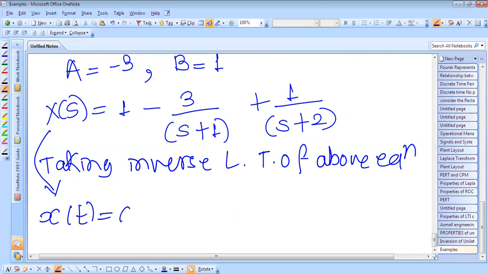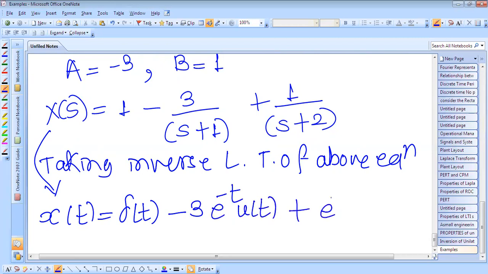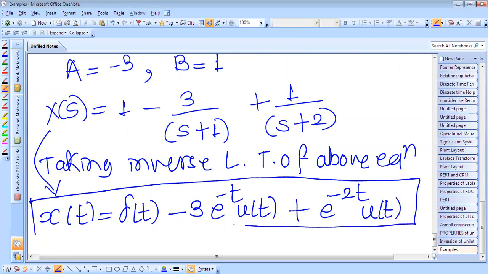It is the impulse function delta(t). And here it is minus 3 into e raised to power minus t into u(t) plus e raised to power minus 2t into u(t). And this is the inverse Laplace transform of the given transfer function. Okay, thank you very much.